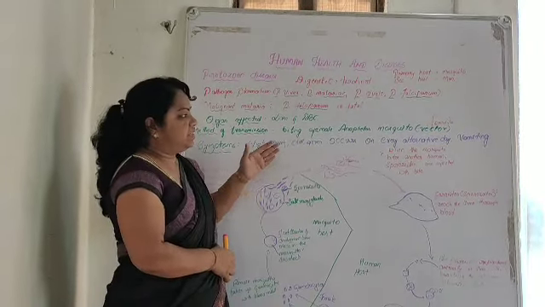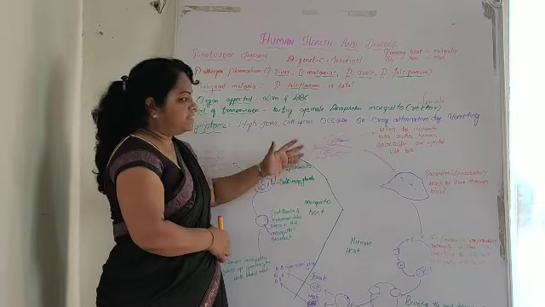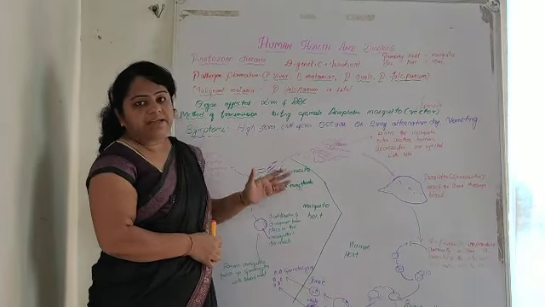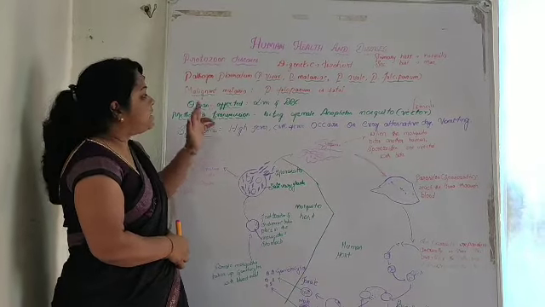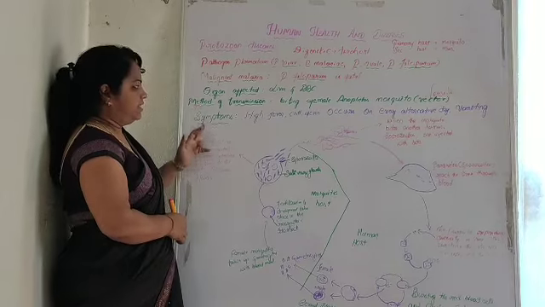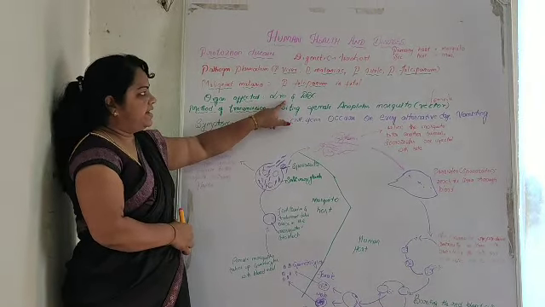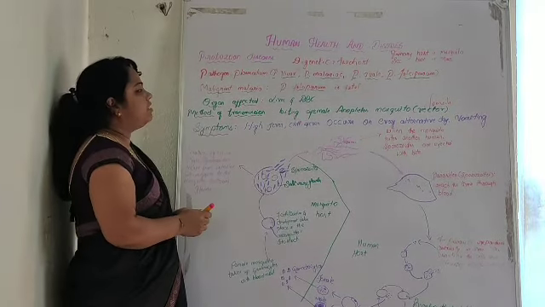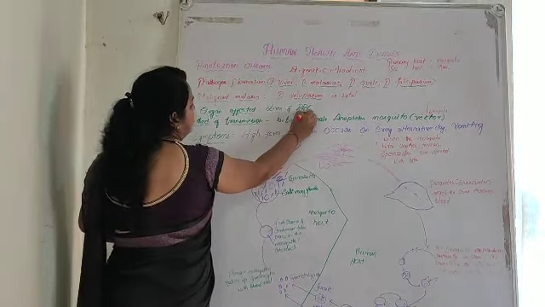We are going to discuss the life cycle of the malarial parasite, Plasmodium vivax. The main organs affected by Plasmodium vivax are the liver and RBC.